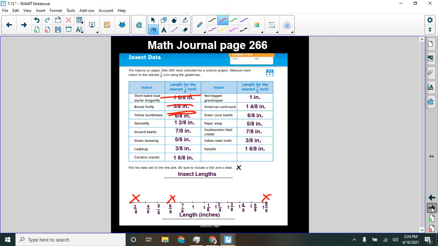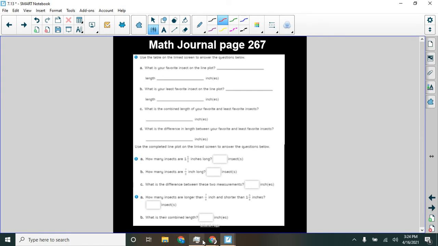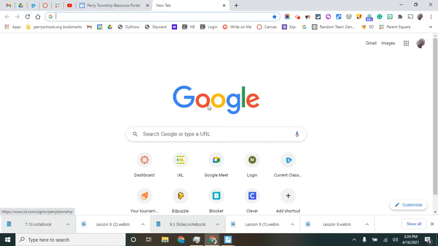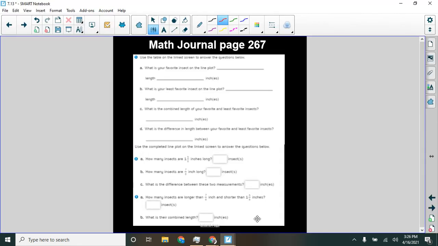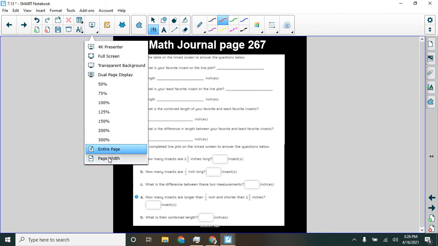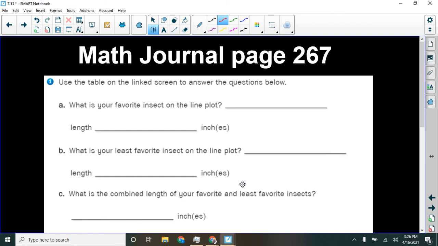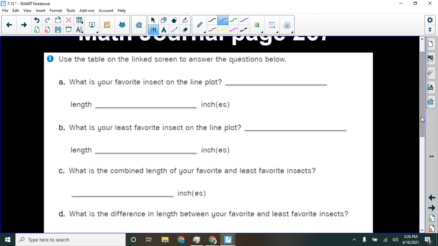All right, now what we're going to do is answer some questions with our data. We're going to take that data and use it to answer some questions. This is what a scientist might do, collect data on insects and then analyze that data. So I'm going to leave number 1 for you to do, your favorite one and your least favorite. And then the combined length.